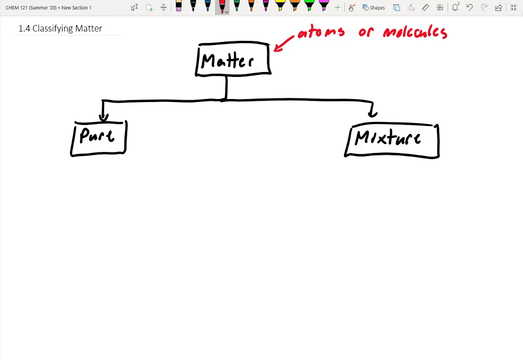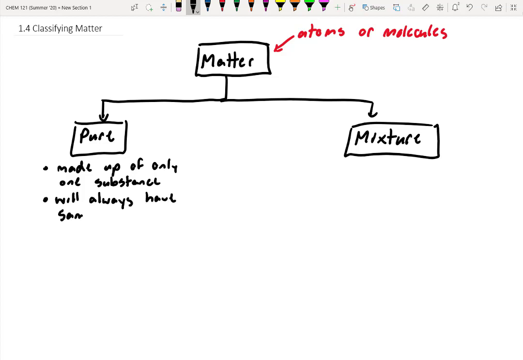All right, a pure sample, if we look at it, is made up of only one substance. And because it's made of only one substance, it will always have the same properties. And that is both chemical and physical properties, where a mixture is going to be made up of multiple substances. As you can tell by the name, it's going to be a mixture of multiple substances.